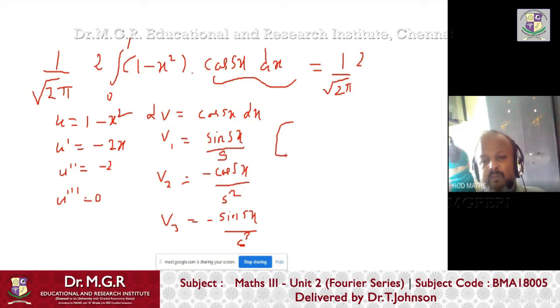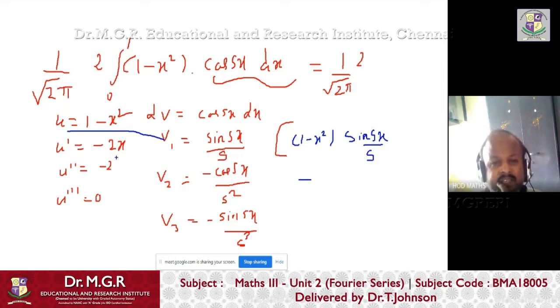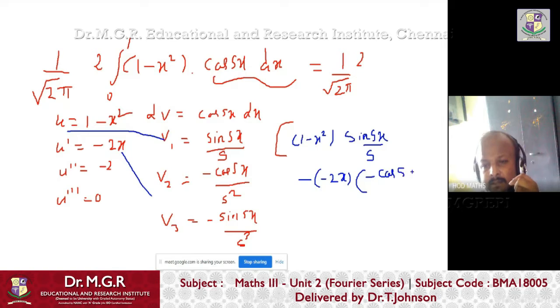But now I can rewrite uv1, that is 1 minus x square into sin sx by s, minus u dash v2, that is minus 2x into minus cos sx by s square, plus u double dash v3, where u double dash is again minus 2 and v3 is minus sin sx by s cube.